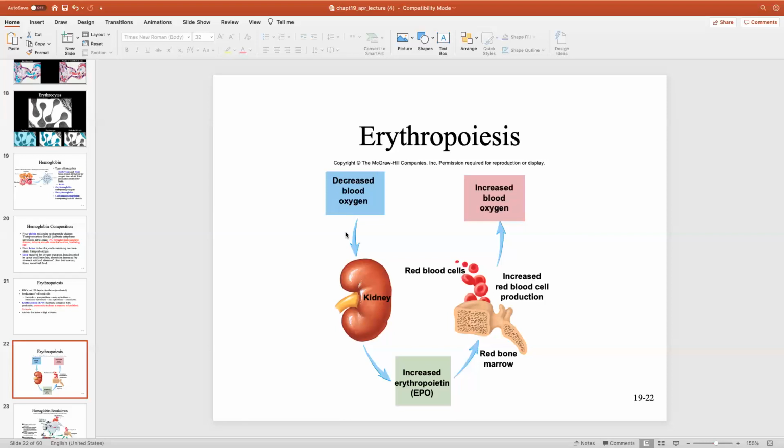So if you're training at sea level, that's a lot of oxygen. But what happens when you go to Colorado Springs and you're a mile and a half above sea level? There's less oxygen in the atmosphere. What happens then? You're training with low oxygen. The kidneys then produce lots of EPO. The EPO then creates more red blood cells in the red bone marrow right here, which increases red blood cells.